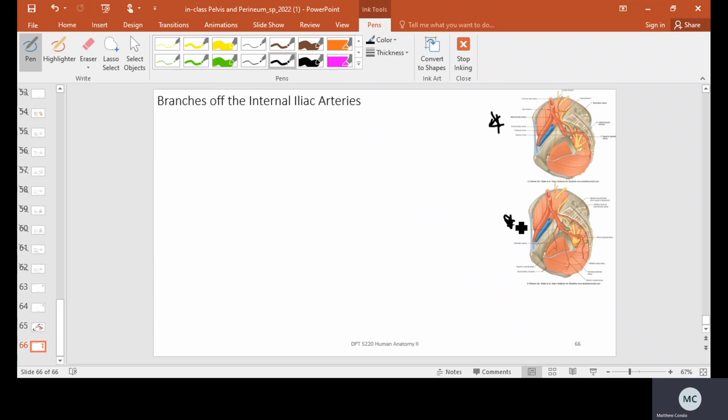So I'm going to have my common iliac artery. It's going to branch into the external iliac and an internal iliac.